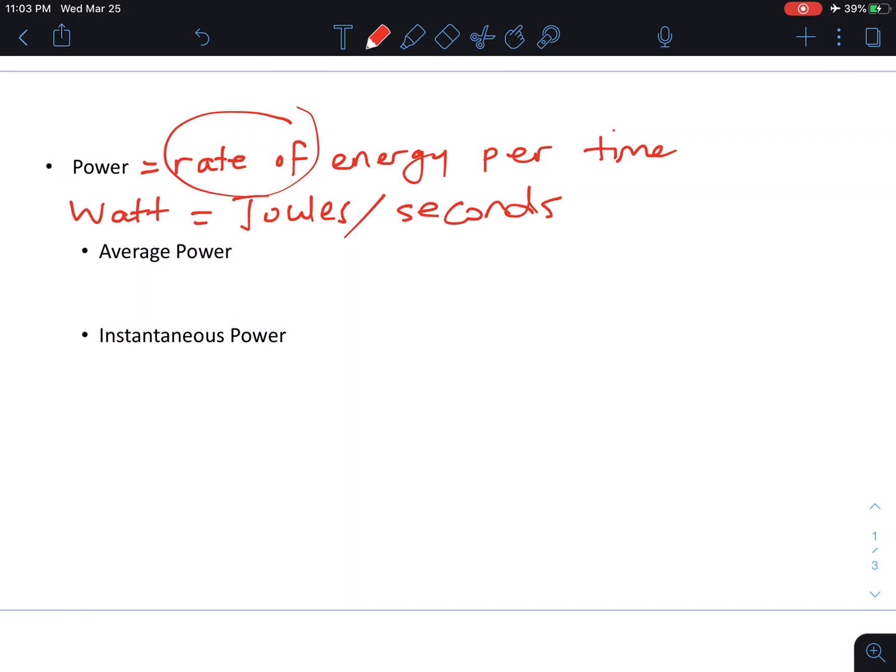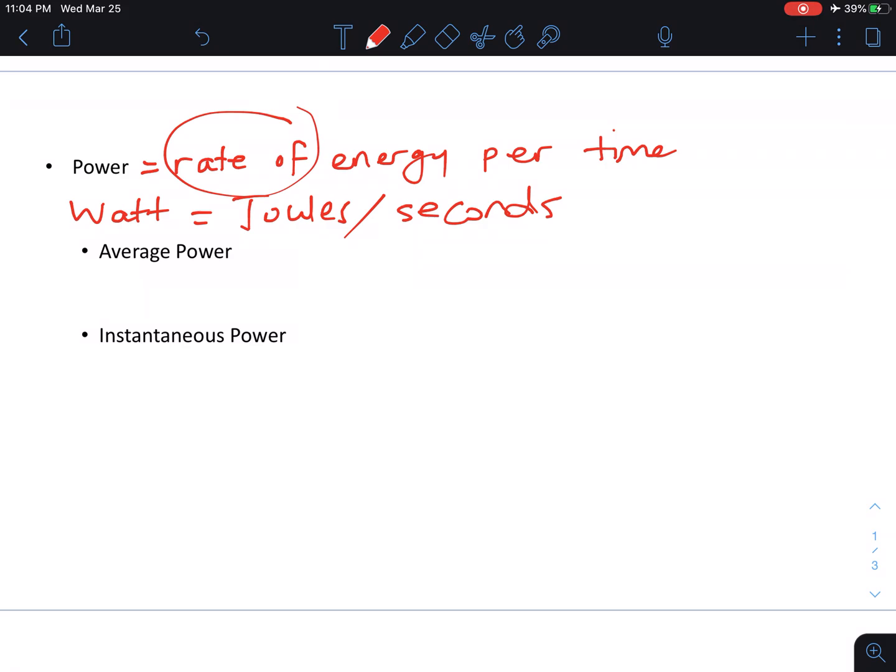Average power, just like the terms that we discussed earlier, where we started from average displacement, average velocity and average acceleration, and those were vectors. Now we're saying average power, and power is not a vector either because it's energy per time. Neither energy nor time are vectors, so power is also a scalar.